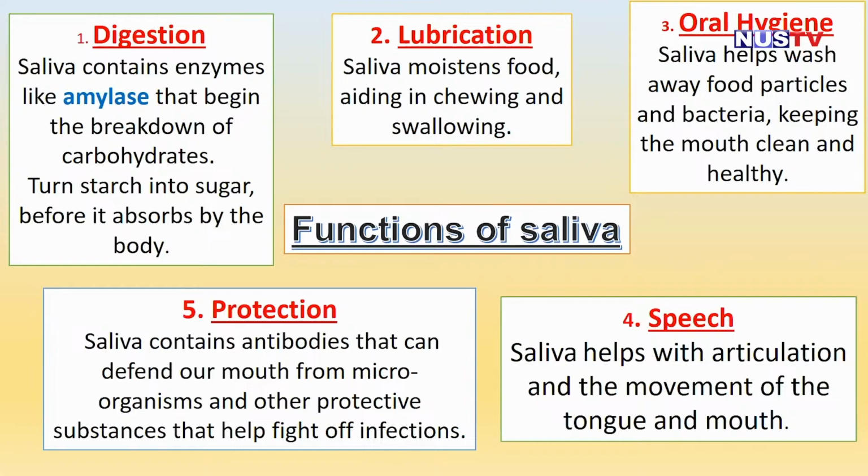Saliva contains an enzyme called amylase that begins the breaking down of carbohydrates, turning starch into sugar before it is absorbed by the body. Another function, it helps in lubrication. Saliva moistens food, aiding in chewing and swallowing.